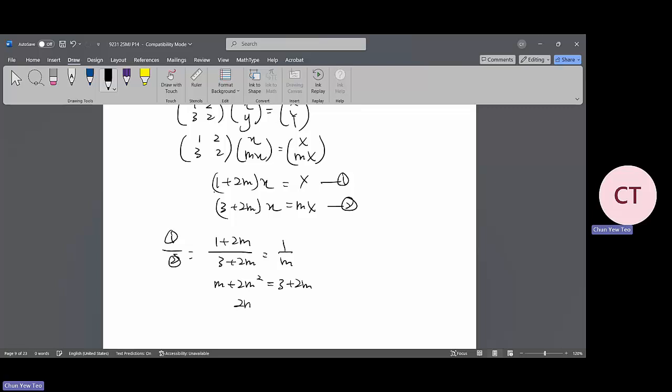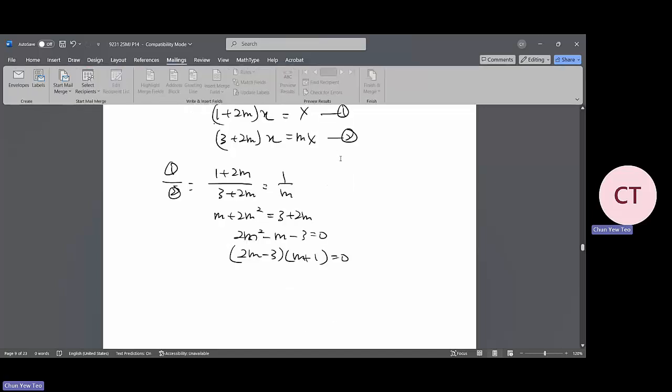So you have 2m squared minus m minus 3 equal to 0. Factorize it. It will be a negative and a positive. So your m is 3 over 2, and another value of m is negative 1.